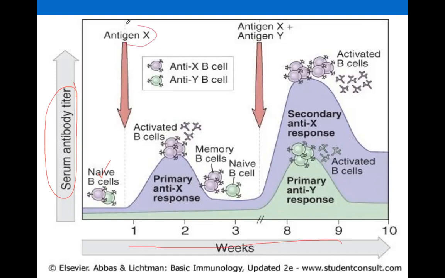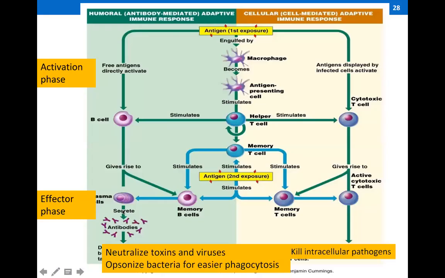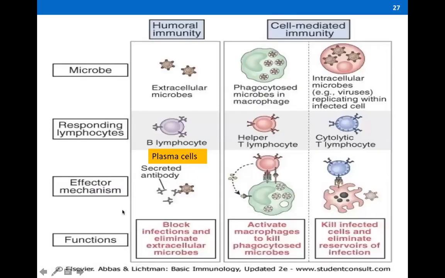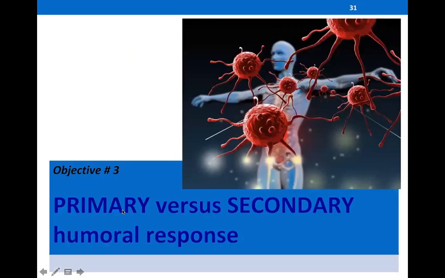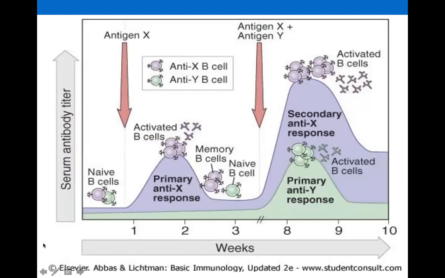Okay, if there is introduction or exposure to antigen X, what would be activated would be the activated B cell X. No? This is exhibited by the purple in color antibodies. What would happen is that after activation of B cells, as previously discussed, this will become antibodies or it will become your memory B cells, right? What about the green ones, the anti-Y?